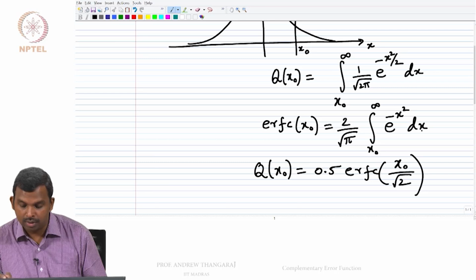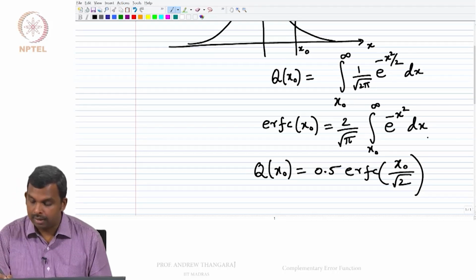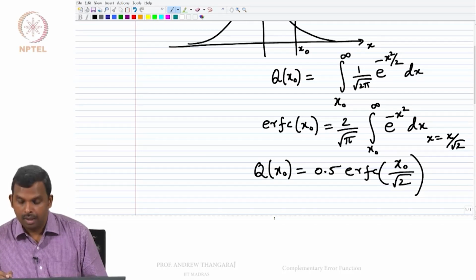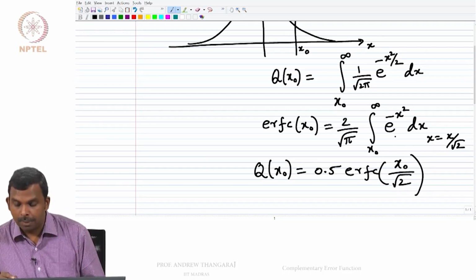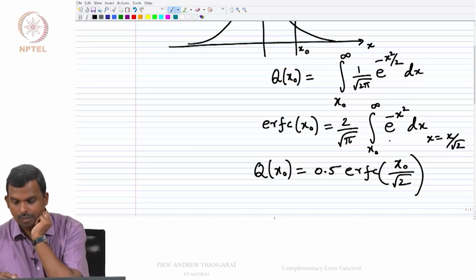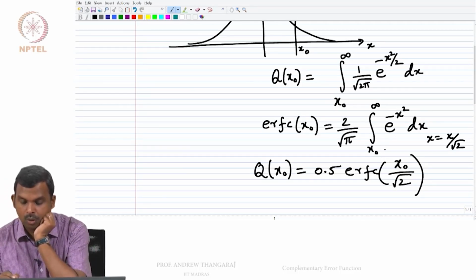You will have to do a substitution here of x equals x by root 2. Okay. If you do that, this will become integral x naught by root 2 to infinity 2 by root pi e power minus, you will get the x squared by 2 that you want. This will be 1 by root 2. So, this 1 by root 2 will cancel here and you will get a root 2, but you need a 1 by 2 root 2. So, you need a half.